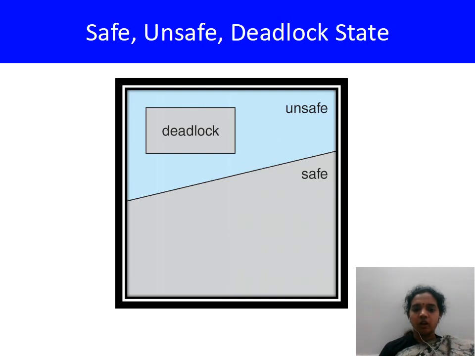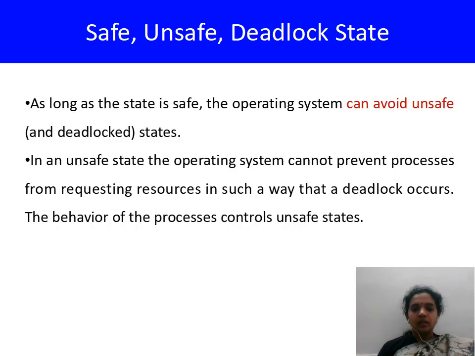Deadlock occurs only in the unsafe state, not in the safe state. As long as the state is safe, the operating system can avoid the unsafe state. In an unsafe state, the operating system cannot prevent the processes from requesting resources in such a way that a deadlock occurs. So the behavior of the processes controls the unsafe state.